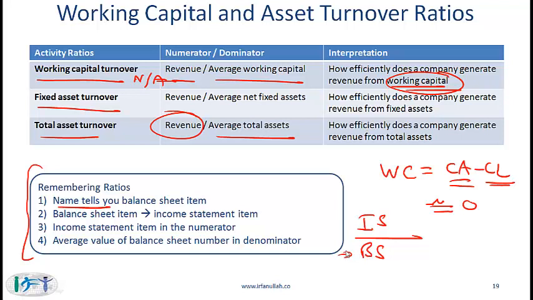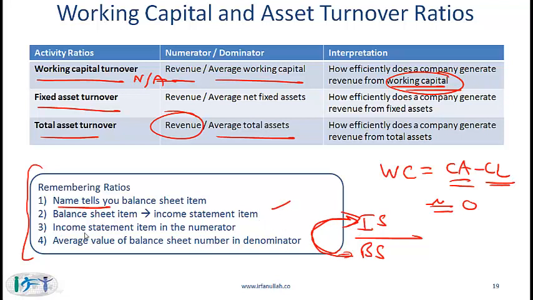From the balance sheet item, you can determine the relevant income statement item. If we have assets in the denominator, the relevant item in the numerator is revenue. If we have inventory as your balance sheet item, then the relevant item would be cost of goods sold. So based on the balance sheet item, you can figure out the relevant income statement item.